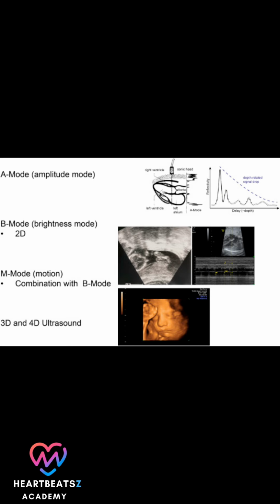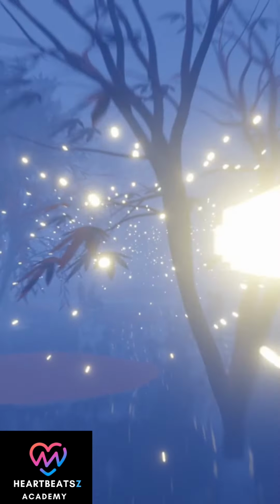Different tissues reflect sound waves differently. Fluid-filled structures, like cysts or blood vessels, allow sound waves to pass through easily, appearing anechoic, black, on the image. Solid structures, like organs, tumors, or bones, reflect more sound waves, appearing hyperechoic, bright, or isoechoic, similar to surrounding tissue, depending on their density.